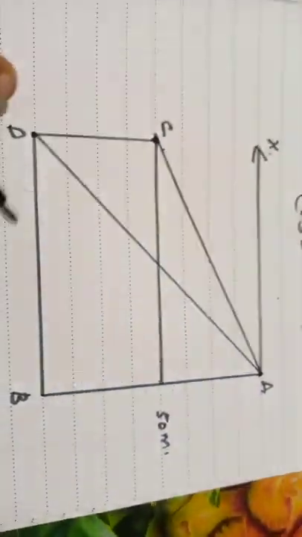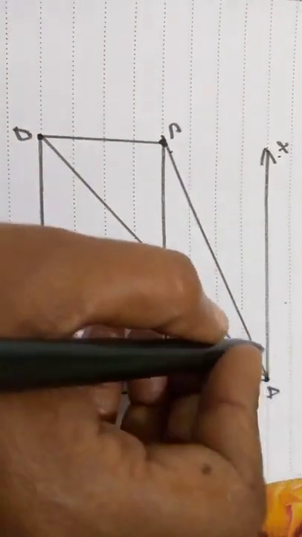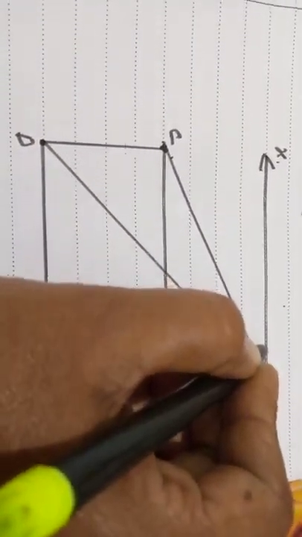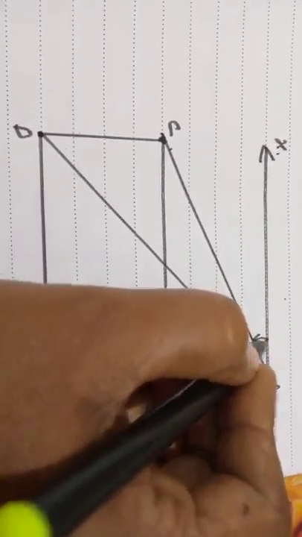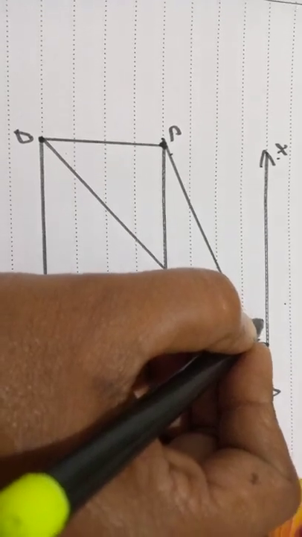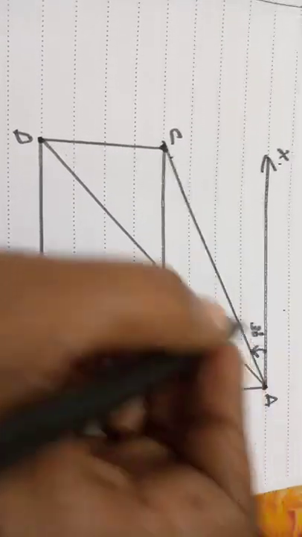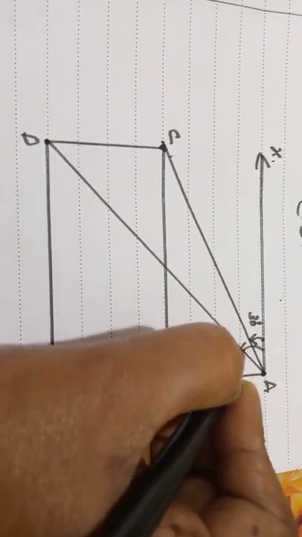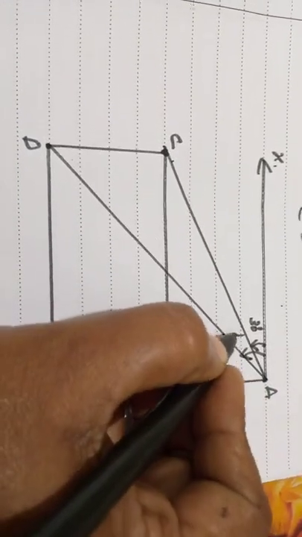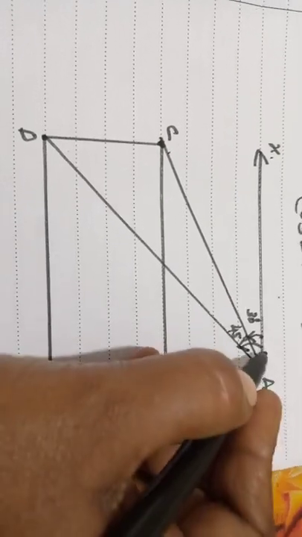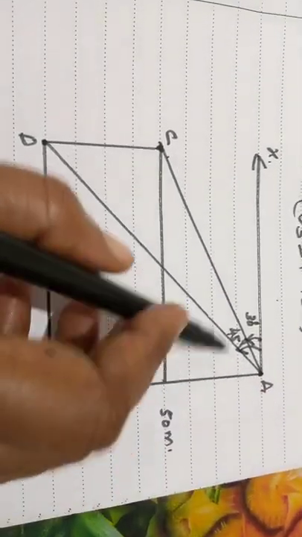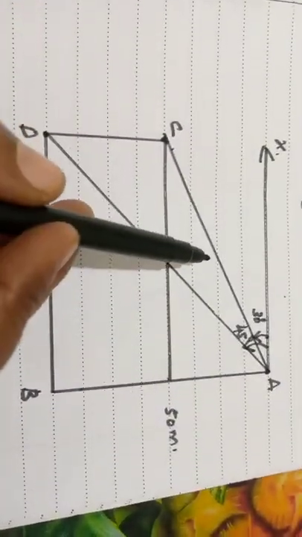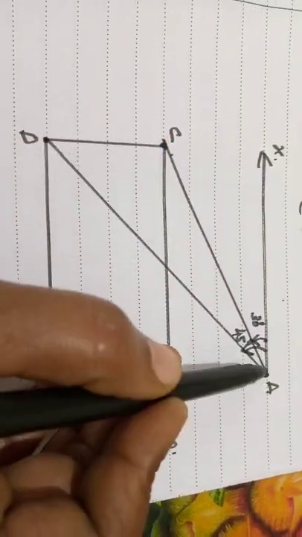Understood, students? Now mark the angle of depression here. Top of the tree is given 30 degree and bottom of the tree angle of depression is given 45 degree. Write correctly, 45 degree. This total angle is 45 degree. Similarly, now alternate angles we can consider. This Z shape we have to consider.